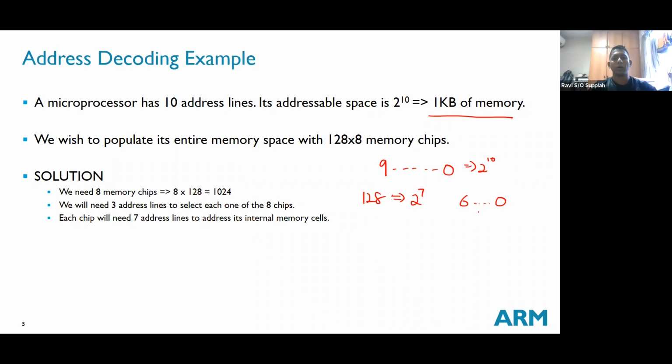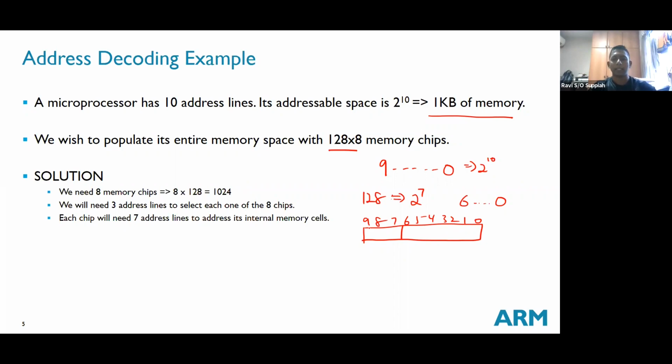So what I have is a total of 10 address lines: 9, 8, 7, 6, 5, 4, 3, 2, 1, 0. Each memory chip requires 7 address lines, to make sure that within that 128 byte space, I can access all the memory locations within it. That is for the lower 7 bits.